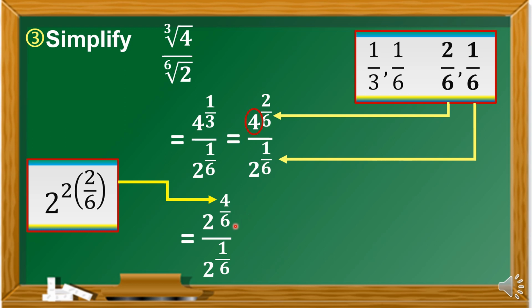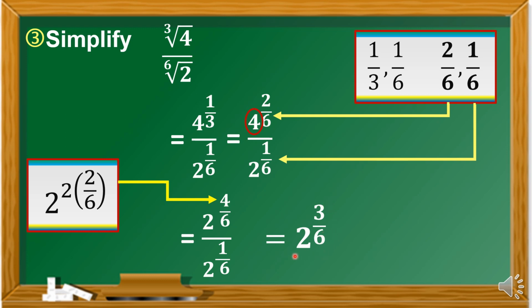So, we have 4 over 6 minus 1 over 6. So, we have the same denominator. So, anong gagawin natin? Subtract the numerator. So, 4 minus 1 ay magiging 3 over 6. As I copy the denominator. And then, ngayon, meron na tayong 2 raised to the power of 3 over 6.